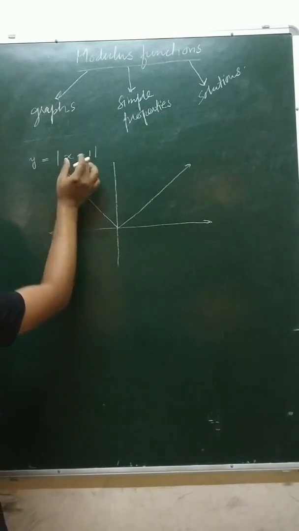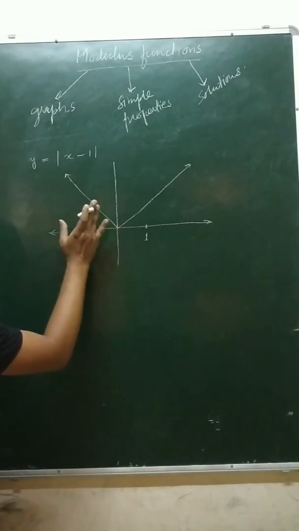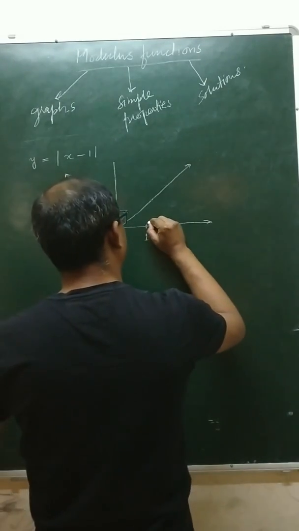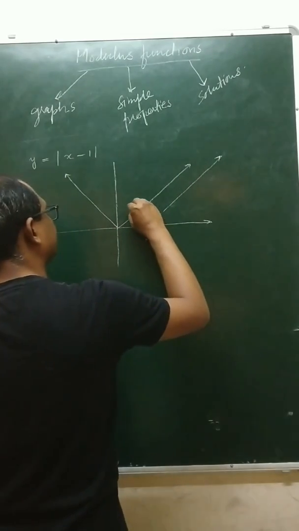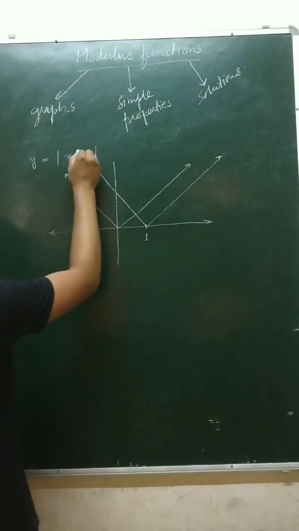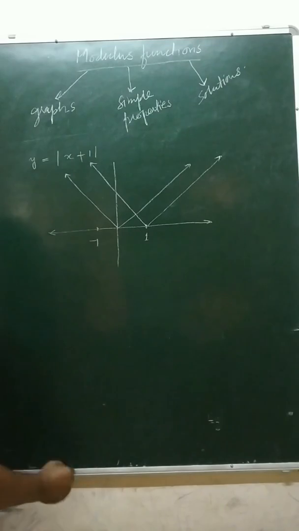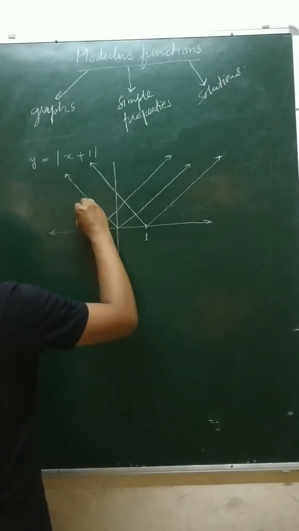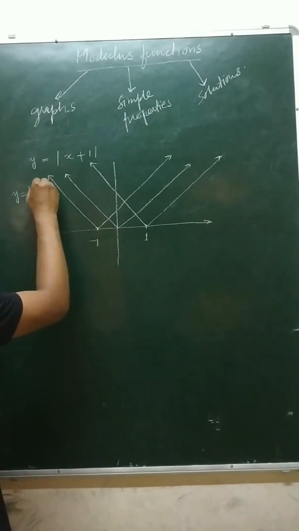The critical point is at 1, so we shift this graph to point 1. Eventually it will look like this. Had it been plus 1, it would have been shifted to minus 1. So this would have been the graph of y equal to modulus of x plus 1.